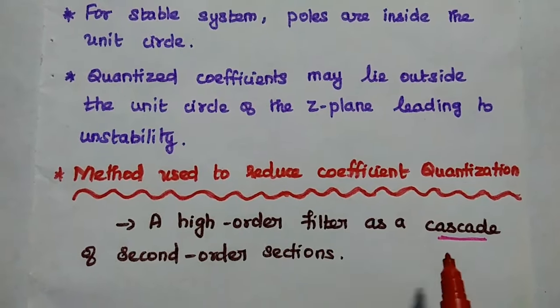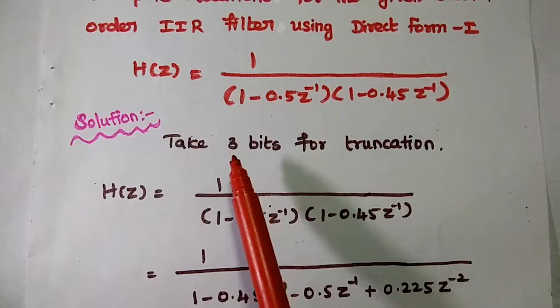The second order IIR filter is given in terms of the transfer function H(z) = 1 / ((1 - 0.5 z^-1)(1 - 0.45 z^-1)). These two are the root values directly given in the transfer function. In the solution part, we are going to use the truncation method for quantizing the coefficients and we are going to truncate to the first 3 bits.